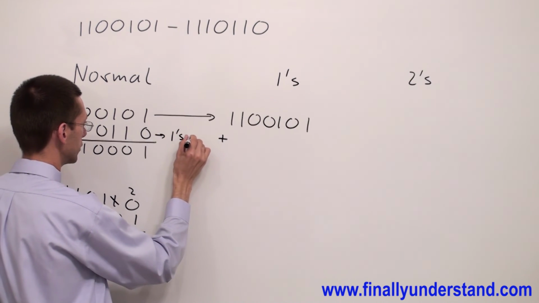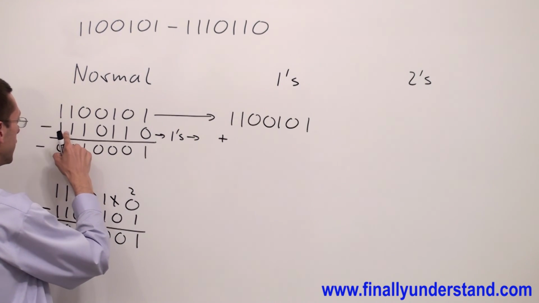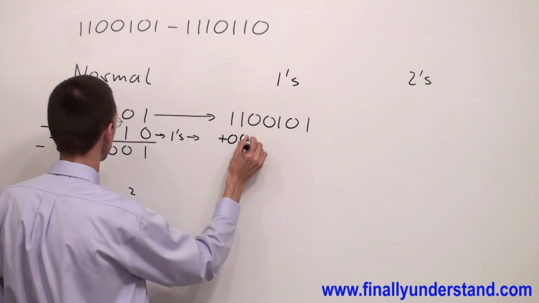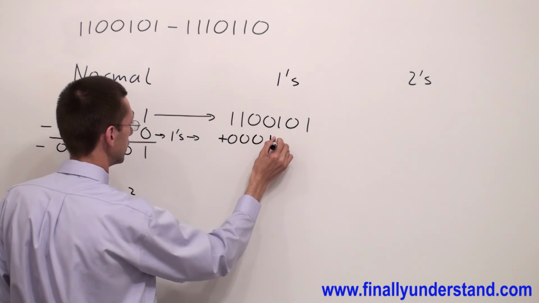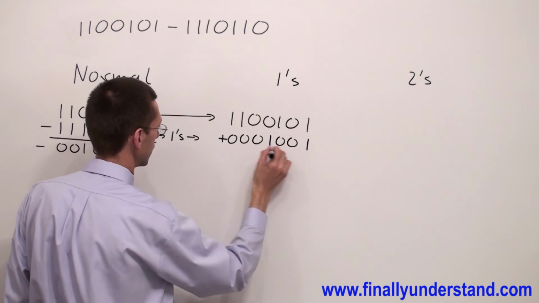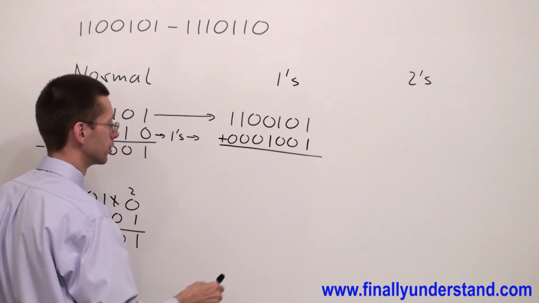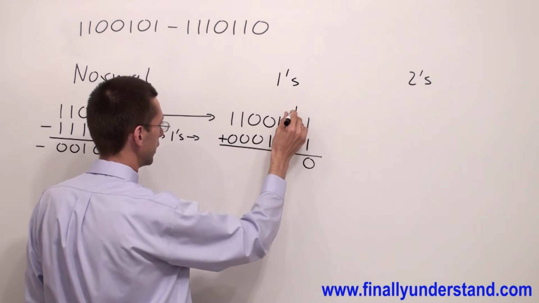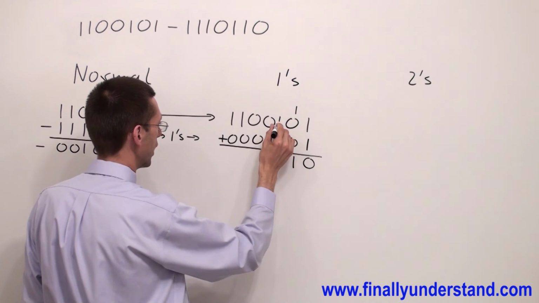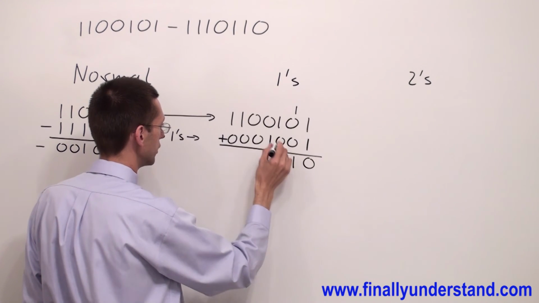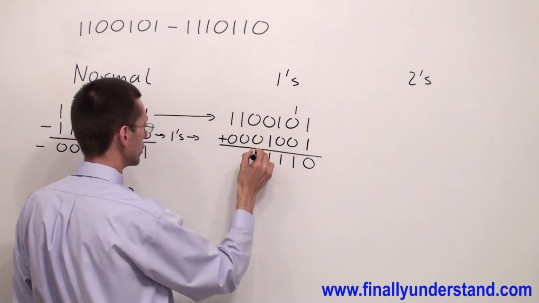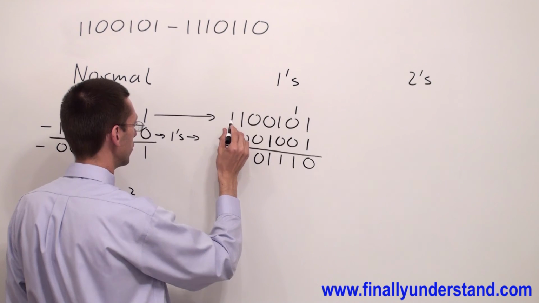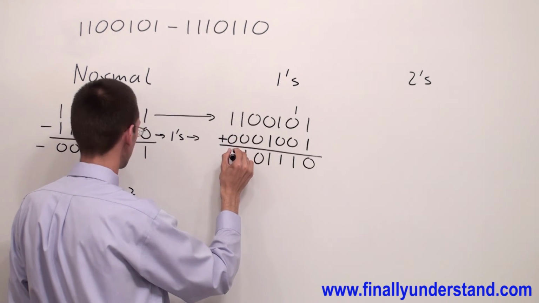This means you have to invert every single bit of this number, and we are going to have 0, 0, 0, 1, 0, 0, 1, and perform regular addition. 1 plus 1 is 2, 0 and carry of 1. And 1 plus 0 is 1. 1 plus 0 is 1. 0 plus 1 is 1. 0 plus 0 is 0. 1 plus 0 is 1. And I have 1 plus 0 is 1.